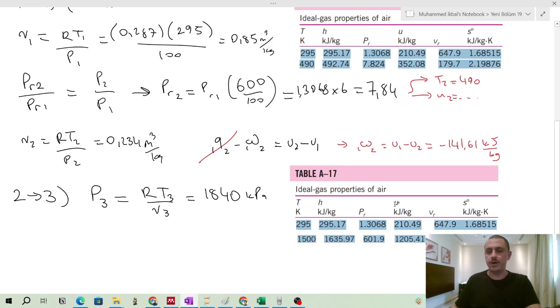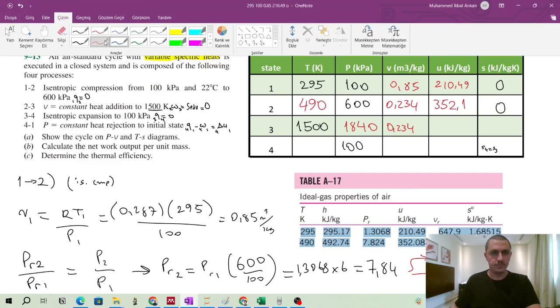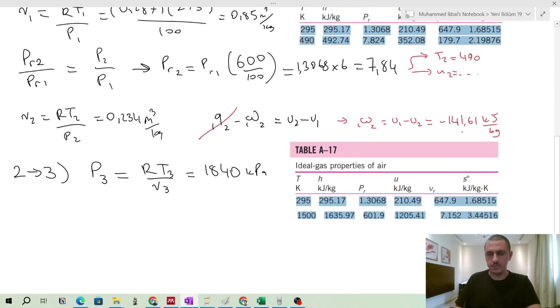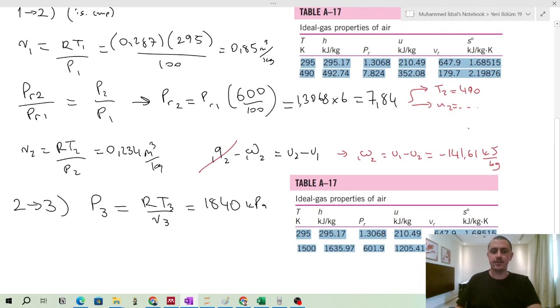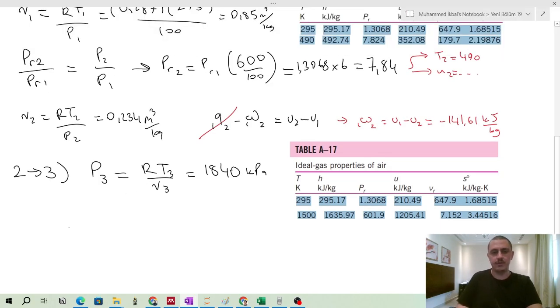I have 1205.4. S, okay, how can I find S? That's tricky, because we have a non-isentropic process now. I must calculate delta S from 2 to 3. That will be equal to Cp ln temperature ratio minus R ln pressure ratio.